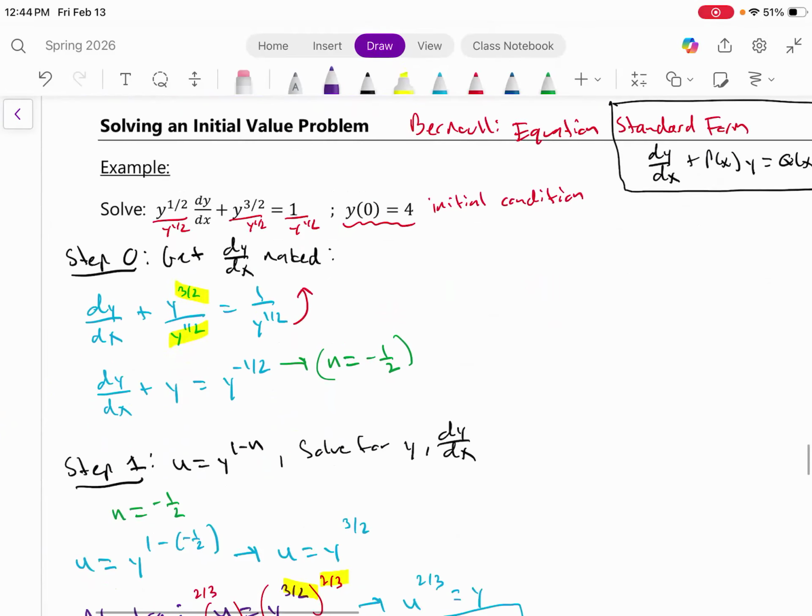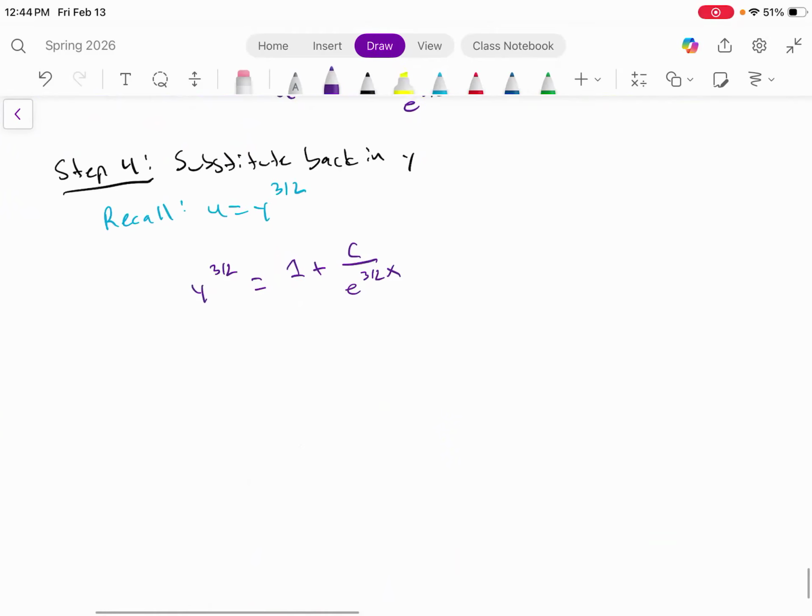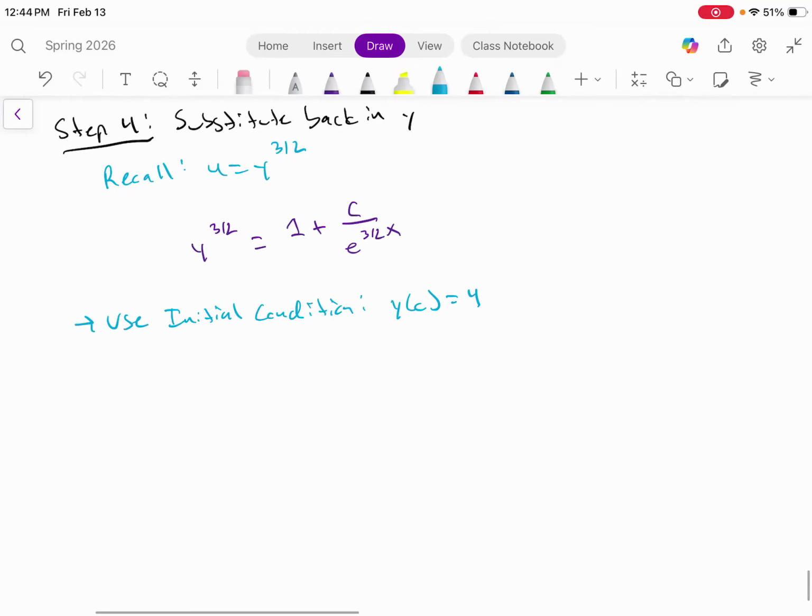We're going to use that to solve for c now, just in case it gets a little harder to solve for c later. So we're going to plug this in now. This would be 4 to the 3 halves equals 1 plus c over e to the 3 halves times 0.